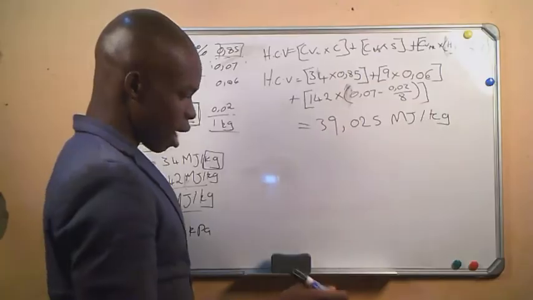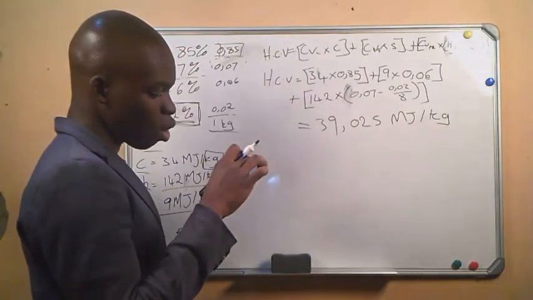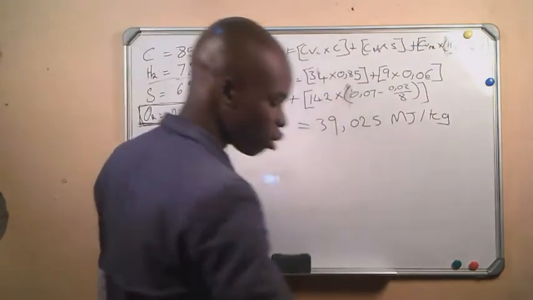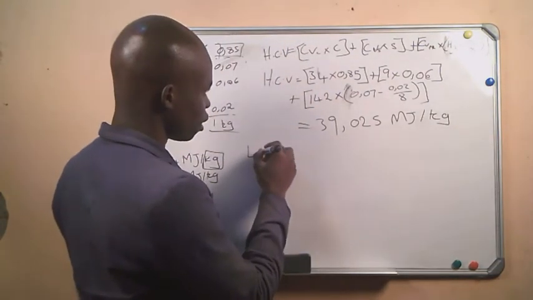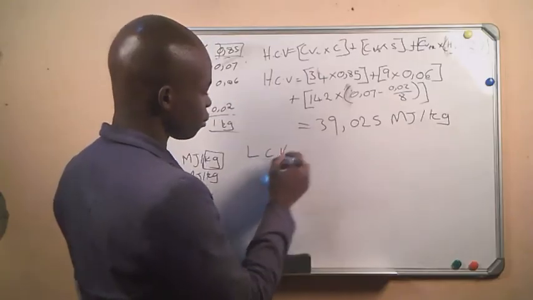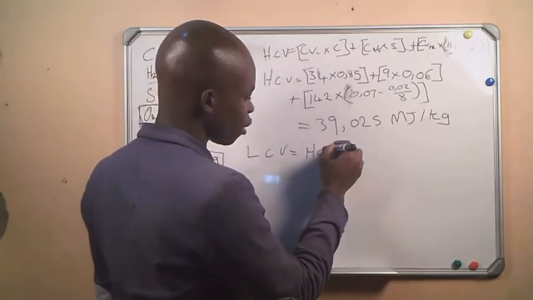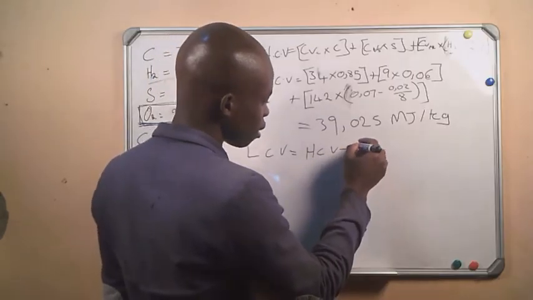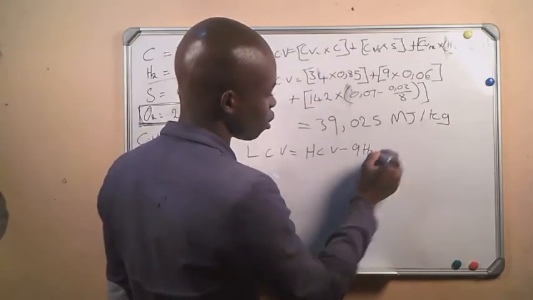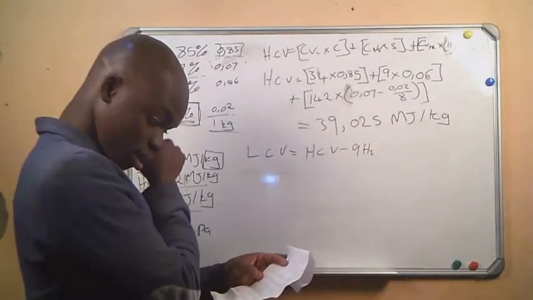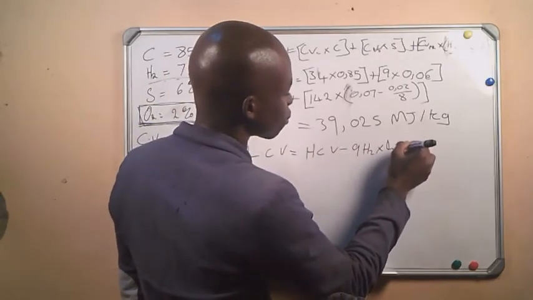And then our 6.2, they said we must calculate for the lower heat value of the fuel. We already know how to calculate this. LCV equals high calorific value minus 9H2, if I'm not mistaken, and I'm not, times HFG.